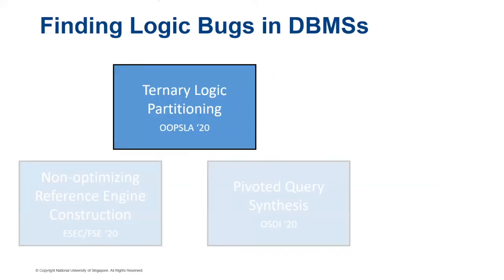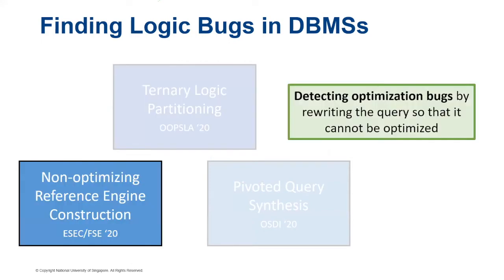So ternary logic partitioning was the latest approach that we proposed to testing database management systems. It's a metamorphic testing technique, and one that we proposed before, non-optimizing reference engine construction, or short NoREC, is also a metamorphic testing idea. So the approaches actually differ quite a bit.